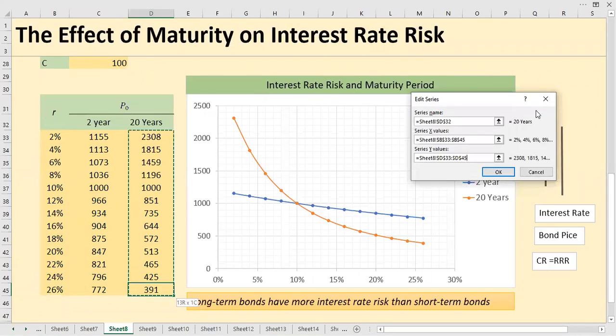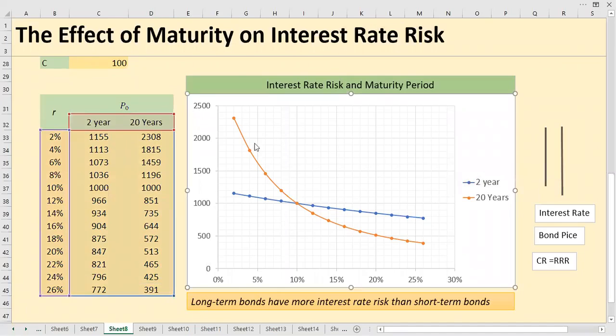So you get this. Now you can clearly see the orange line represents the 20-year bond, and the blue line represents the 2-year bond. Now you can see the difference here.